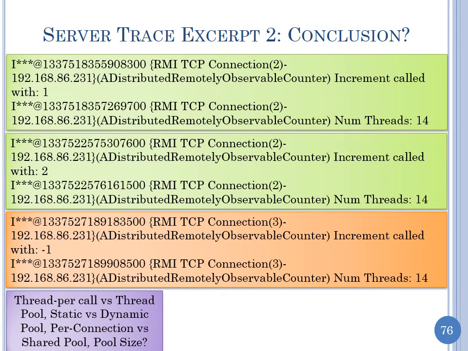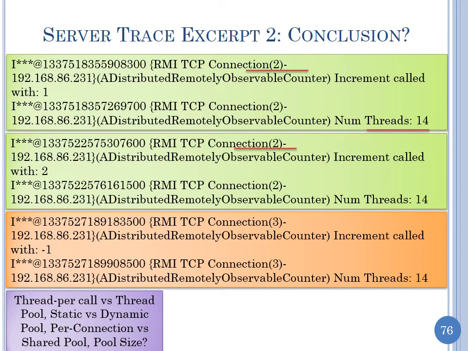Now I have some more data here, and what do I see? I'm also printing out now the number of threads in each call. I see that it was thread number 2, and right after I put the trace statements, I print out the total number of threads as 14.